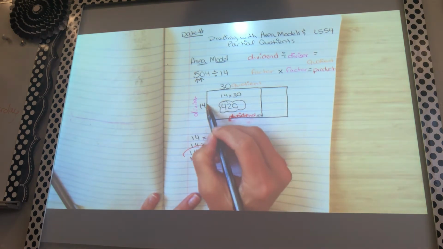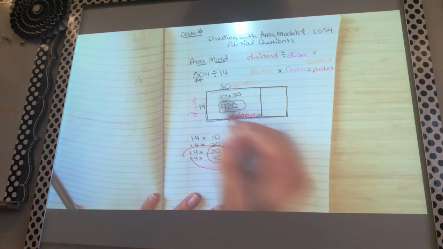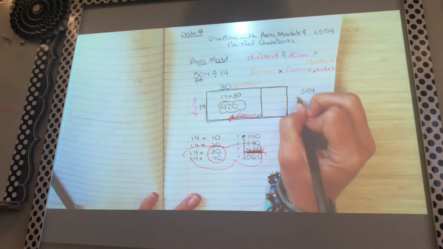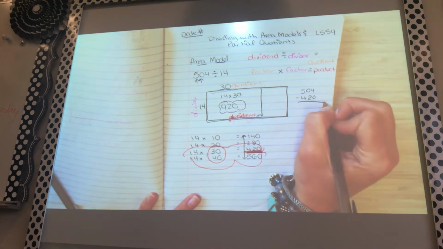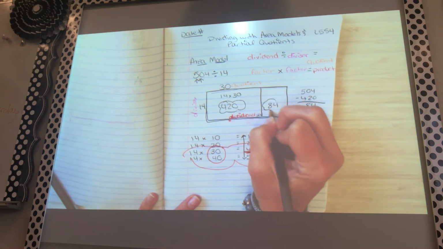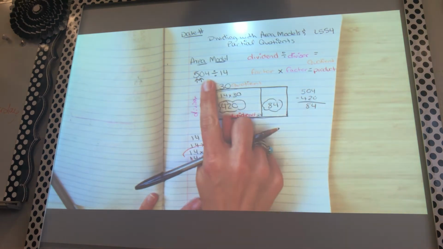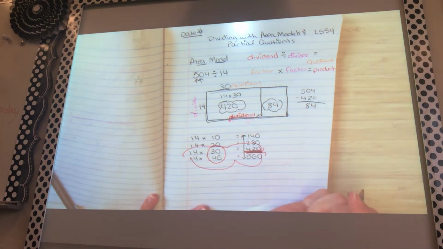Remember, the whole thing equals 504. So if I have 504 for this whole thing, and I take away 420 in this rectangle that I've created inside of it, that leaves me with 84. So over here is 84, and 420 plus 84 equals 504. And this entire area is worth 504.